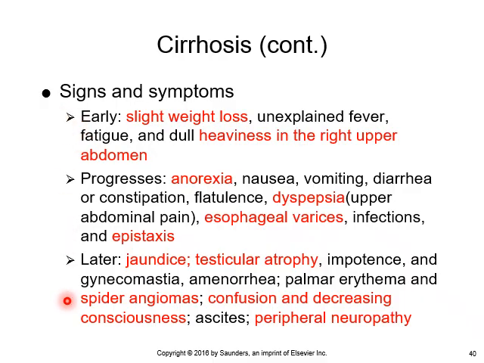Signs and symptoms of cirrhosis also differ based on which stage they are in. So for early cirrhosis, these are the signs and symptoms. As it progresses, these are the signs and symptoms, and then later, these are the signs and symptoms.